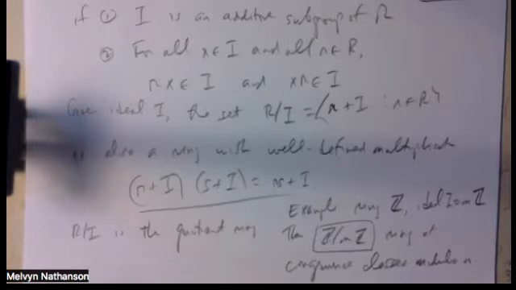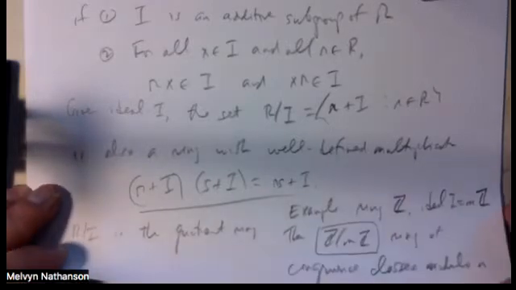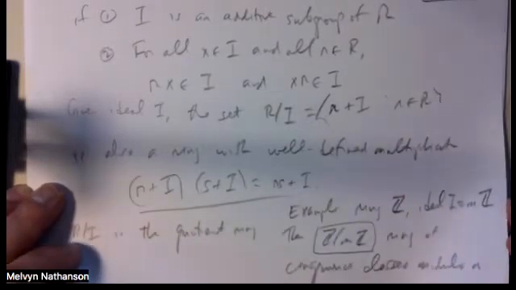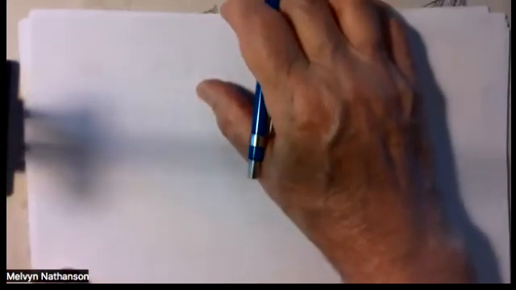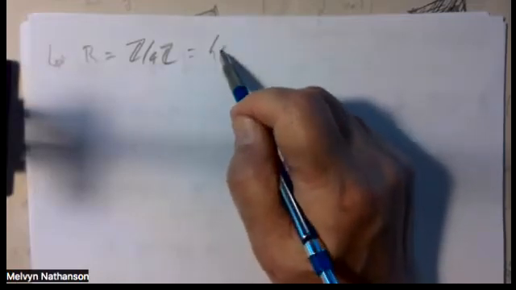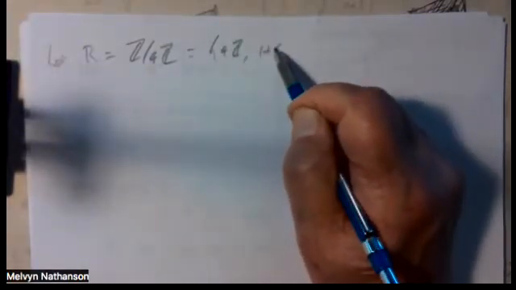So let's look for another minute or two at these rings of congruence classes. Suppose we let R be the congruence classes mod 4. So this consists of the 4 cosets: the multiples of 4, 1 plus 4Z, 2 plus 4Z, and 3 plus 4Z.